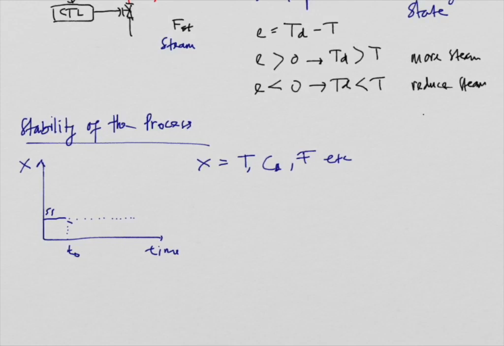At t0, the system is disturbed. We note this: X is disturbed at t equal to t0.